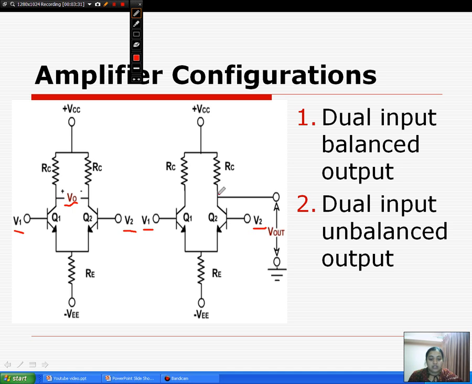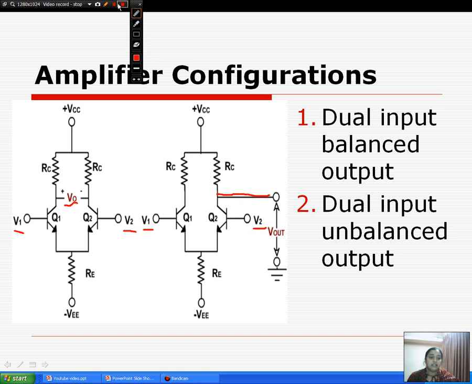The output is taken across only the collector terminal of transistor Q2, which is single output. Hence this configuration is also called as dual input and single ended output configuration. So the name dual input unbalanced output configuration.